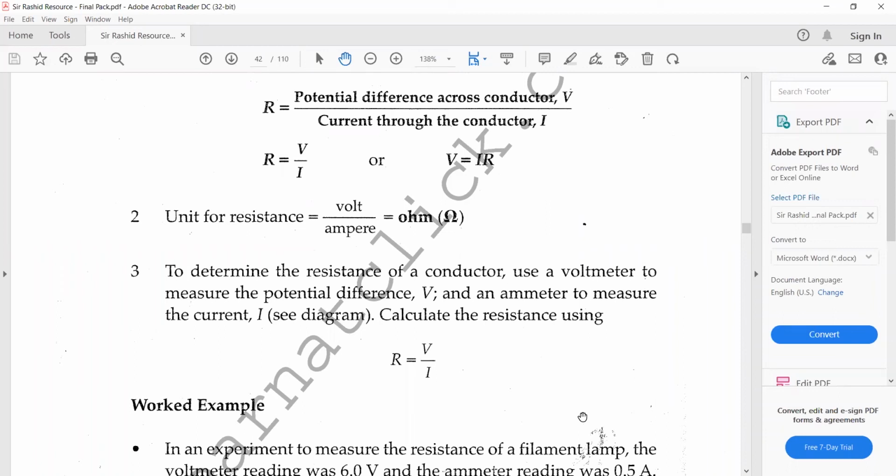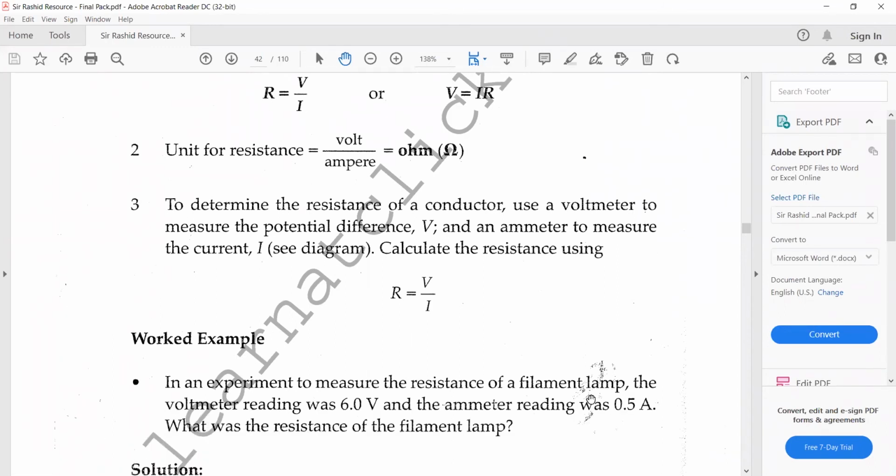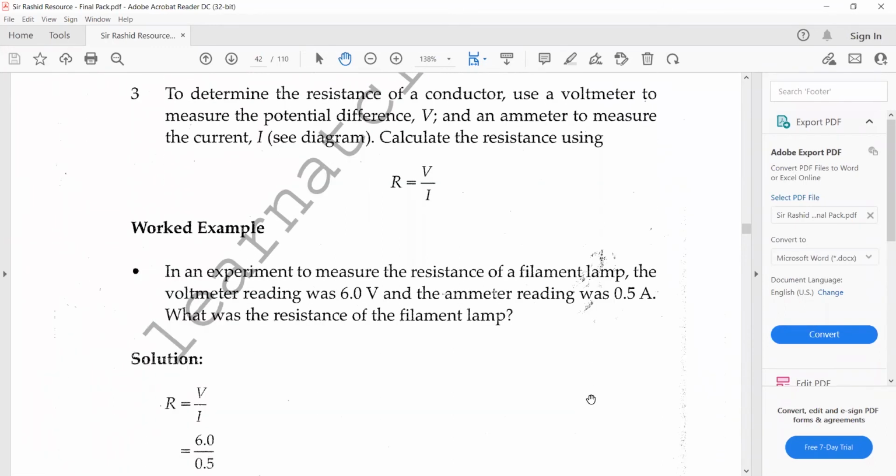And ultimately, whenever resistance becomes high, the current will decrease because energy of the charges will be wasted in the form of heat. Whenever resistance and temperature increase, the energy supplied by the battery will convert into heat. So ultimately, due to increase of resistance, current will decrease. So resistance is opposition in the flow of current.